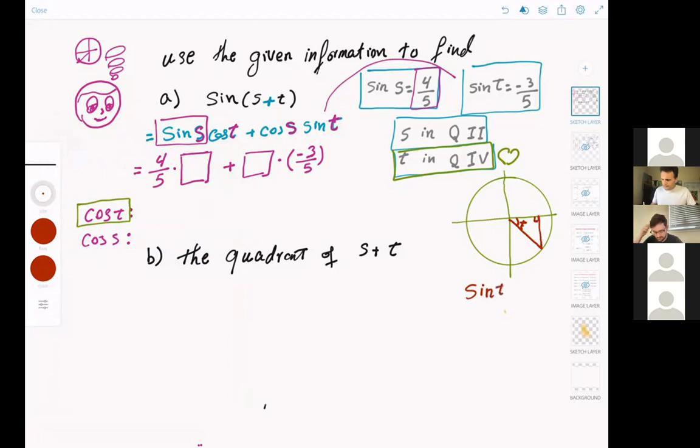Sine of t is equal to -3/5. So that means this is y, and that's r.